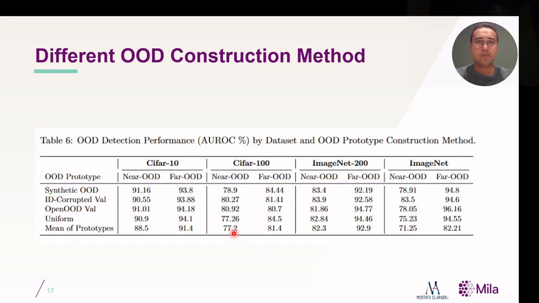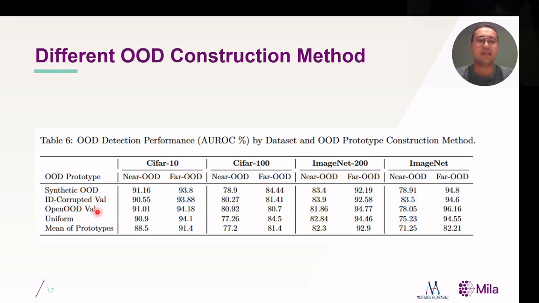We have also tried multiple different methods to generate the OOD prototype. We have the synthetic OOD using the manifold mix-up method. We have another idea of just corrupting in-distribution data, like using adversarial attack, and using open OOD validation.